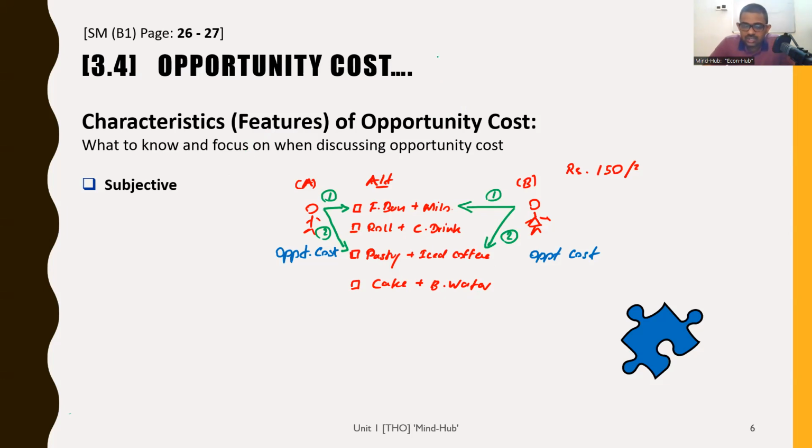So A and B, their first chosen alternative and the second best, which means the opportunity cost in terms of the goods, are basically the same.